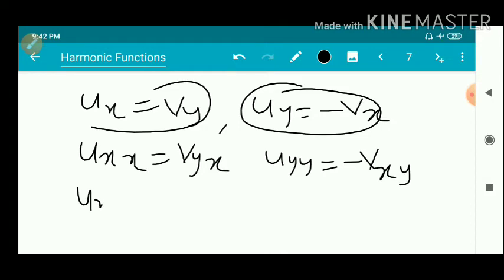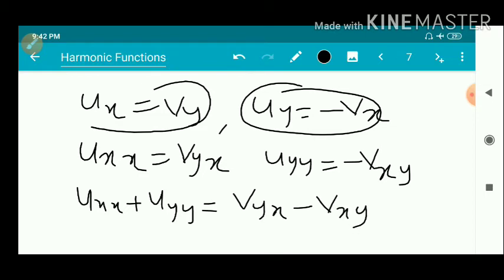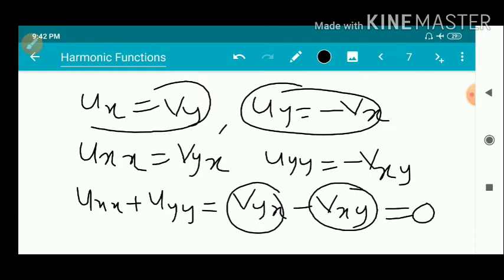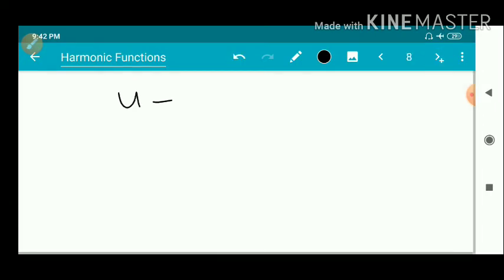Then uxx plus uyy equal to vyx minus vxy. Since u and v are continuous, vyx and vxy are equal. So this is equal to 0. So uxx plus uyy equals 0. That implies u is harmonic.